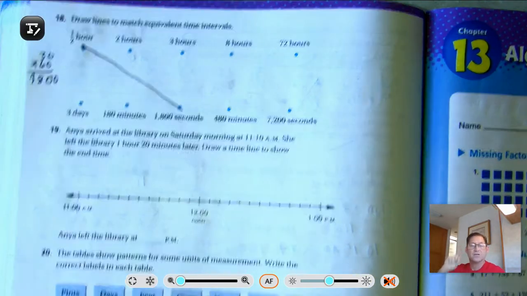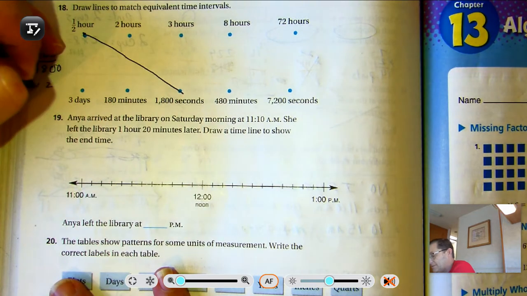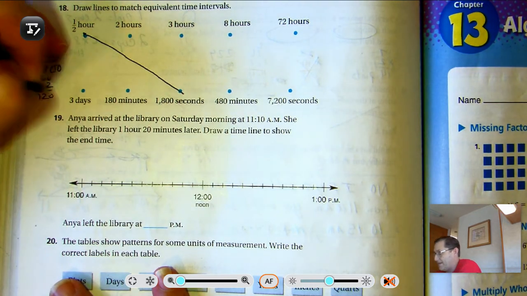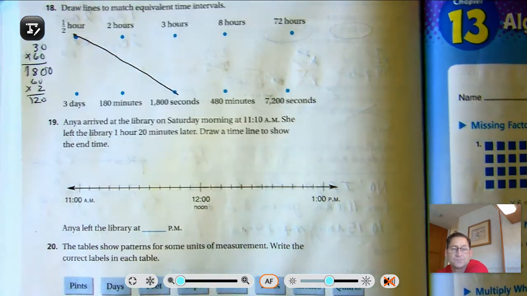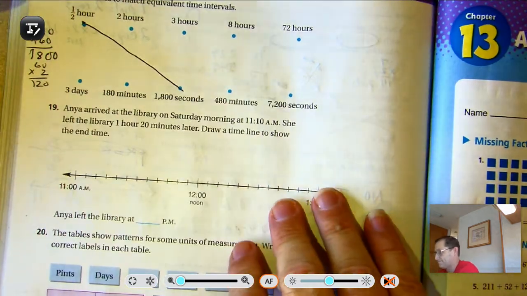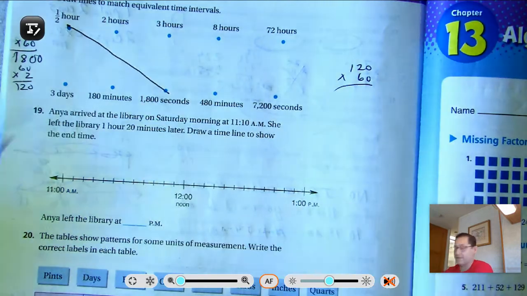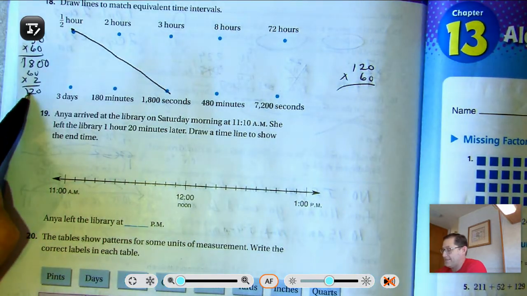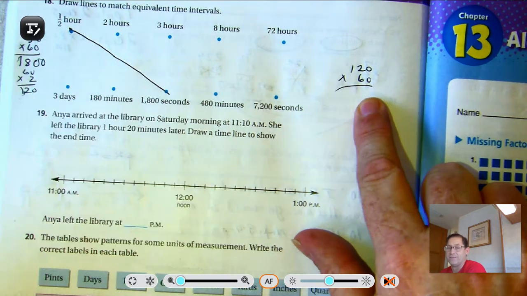2 hours. Well, 2 times 60 is 120 minutes. Okay, I don't see 120 minutes. All right, what's 120 times 60? Okay, so I'm taking the number of minutes in 2 hours and multiplying by the number of seconds in every minute.